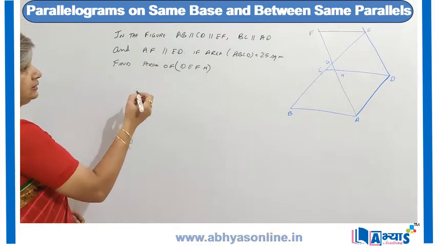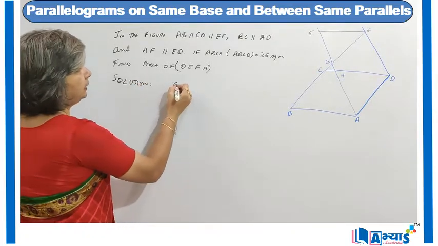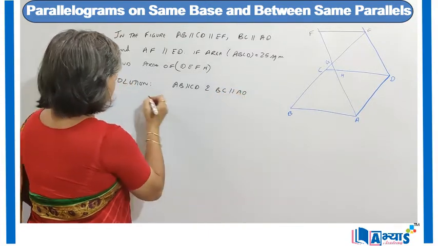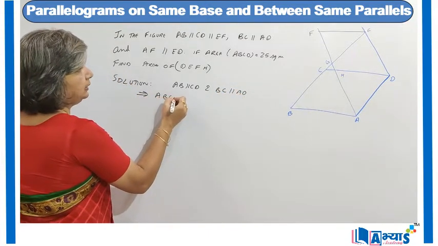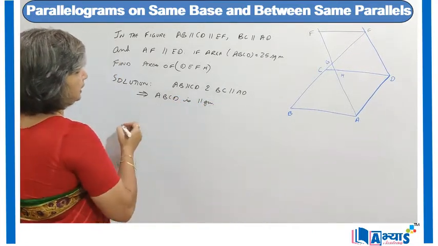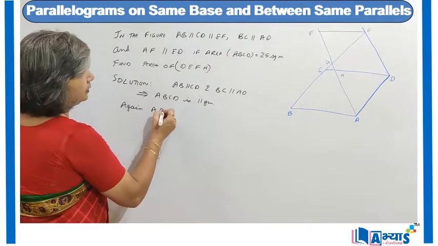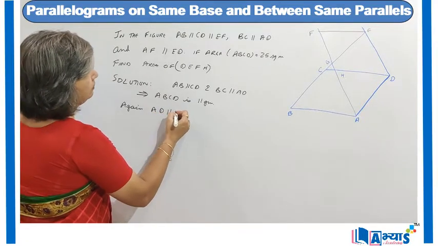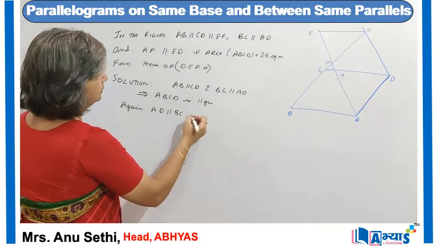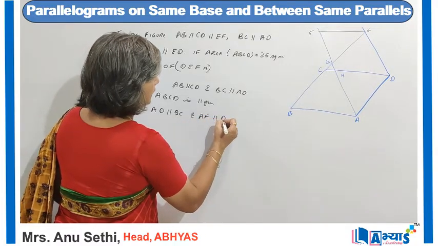As it is given that AB is parallel to CD and BC is parallel to AD, this implies ABCD is a parallelogram. Again, we are given that AD is parallel to BC and AF is parallel to DE.